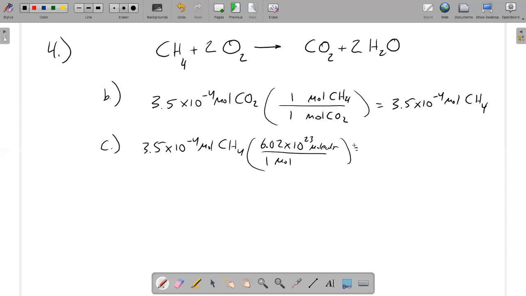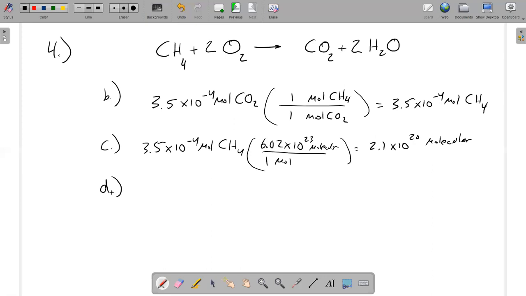So let's see, 3.5 times 10 to the negative fourth times 6.02 times 10 to the 23rd. So it'd be, with 2 significant figures, 2.1 times 10 to the 20th molecules.